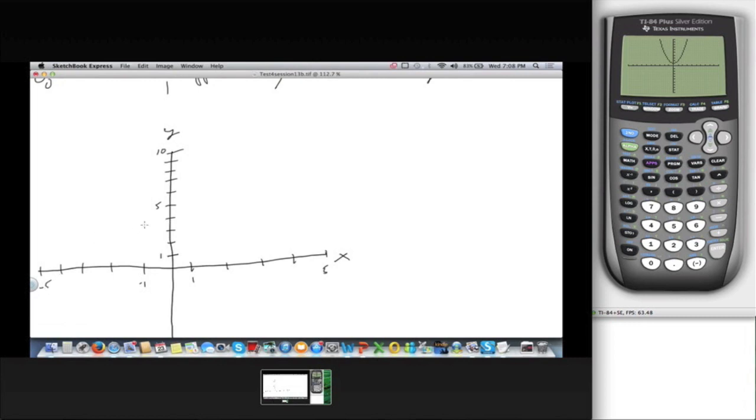Okay, so x is 2, y is 5; x is 3, y is 10.